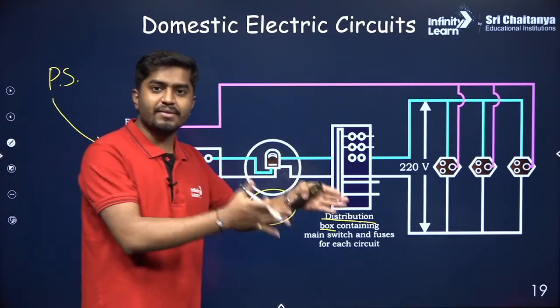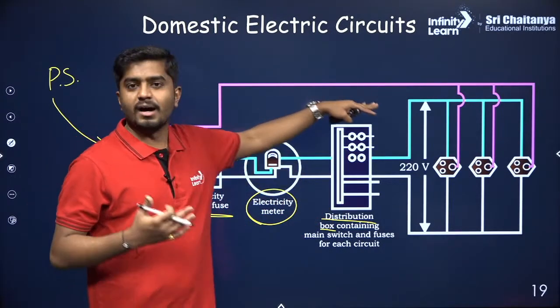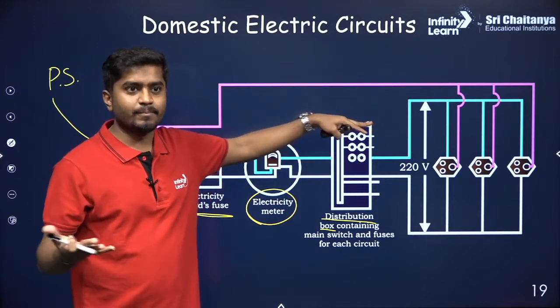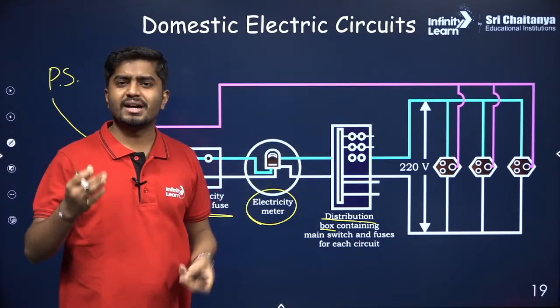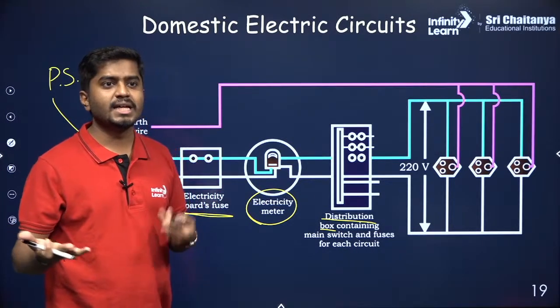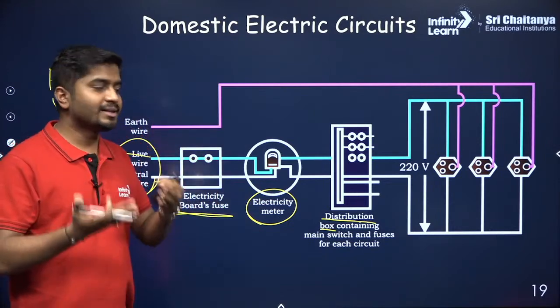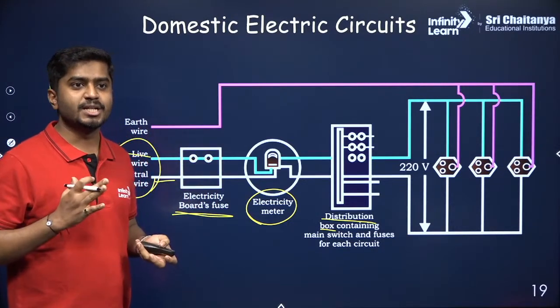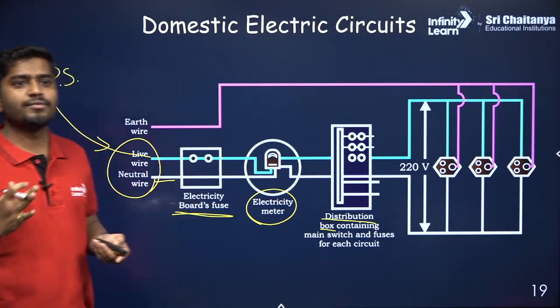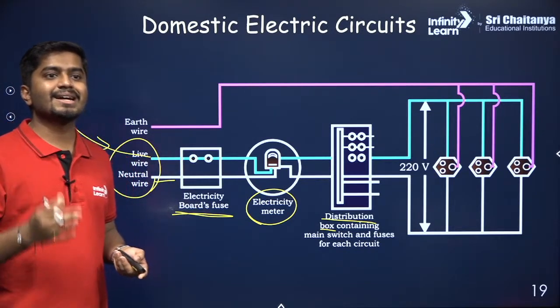Let's suppose there are some devices which require a lot of current, for example, AC or the heater. Then there are some devices which require less amount of current, for example, fan or TV, or let's say bulb. They do not consume that much energy. It is not the voltage, it is the current.